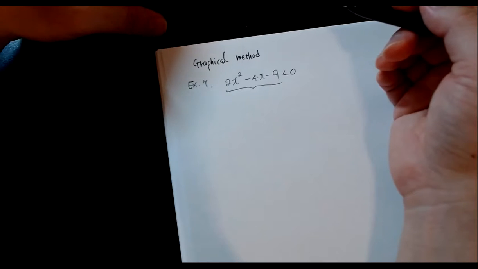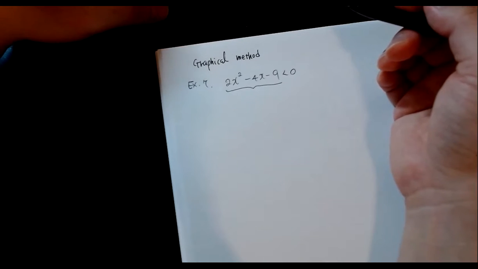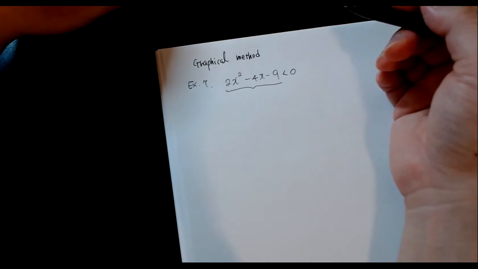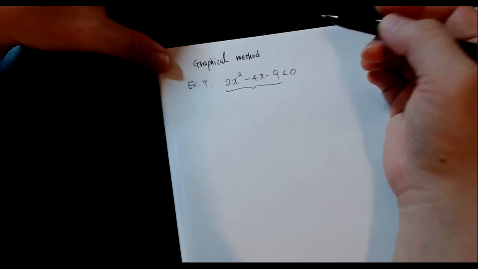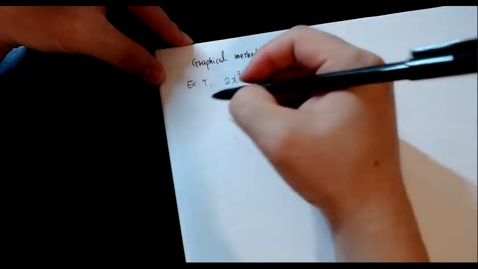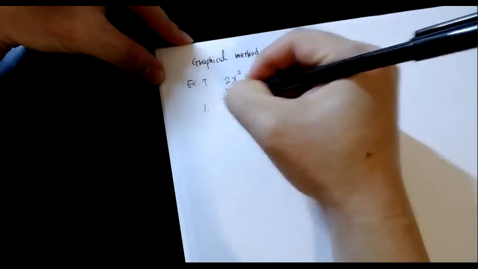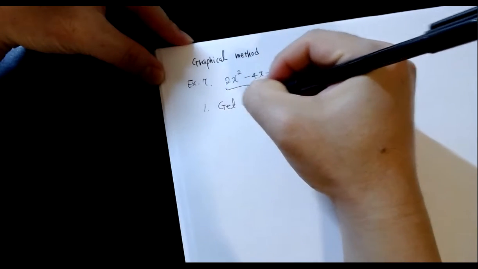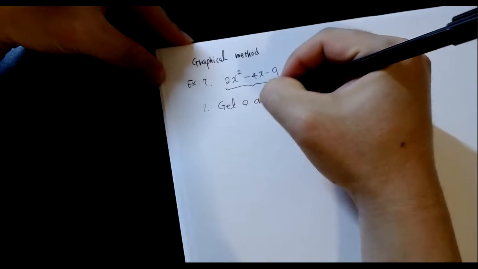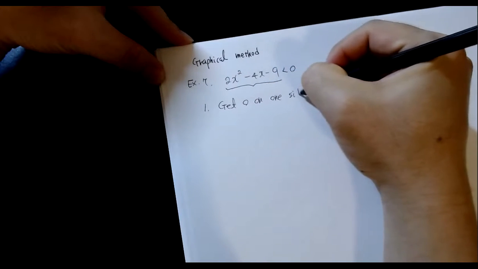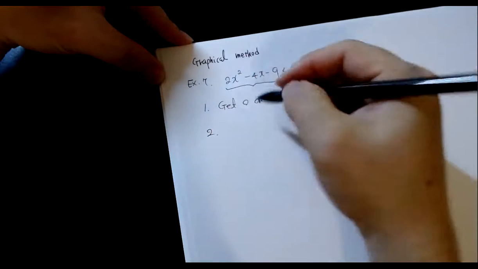Root is the number making the polynomial 0. So root is nothing but the solution of the quadratic equation. So step 1, get 0 on one side, and step 2, we find all roots.